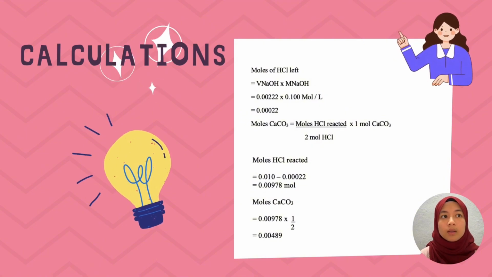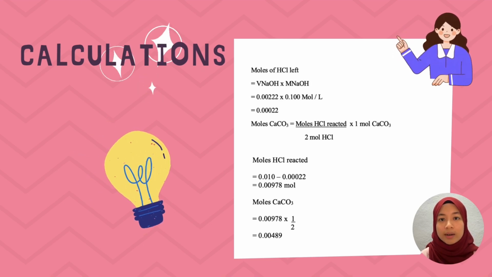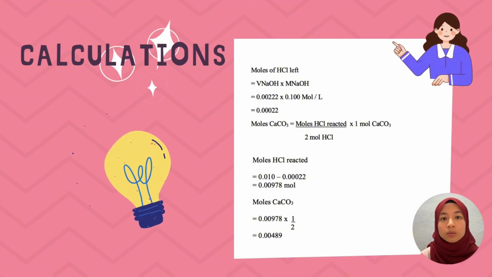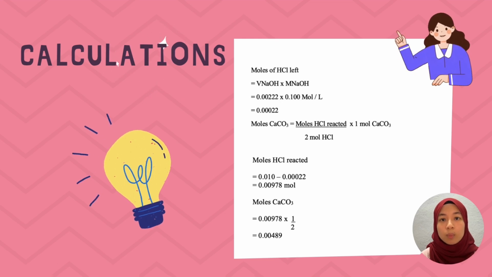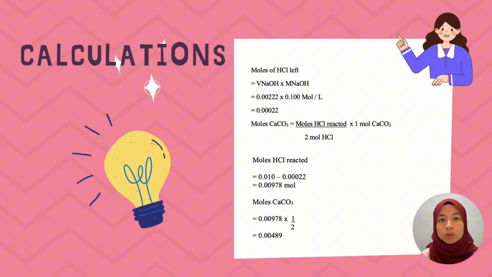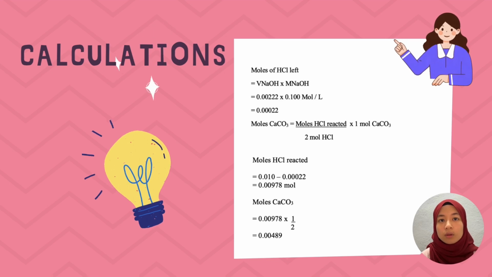Next, we have to find the moles of CaCO3, which is equal to moles of HCl reacted times 1 mole of CaCO3 over 2 moles of HCl. First, we need to find the moles of HCl reacted, which is equal to 0.010 minus 0.00022, and we will get 0.00978 mole.